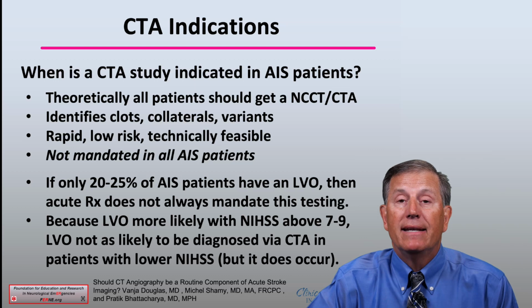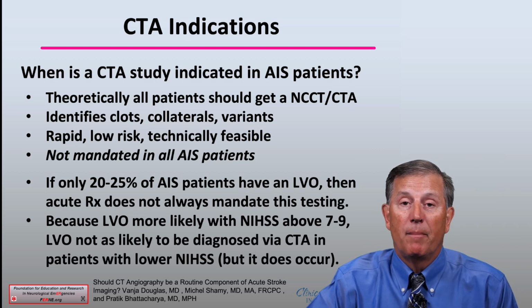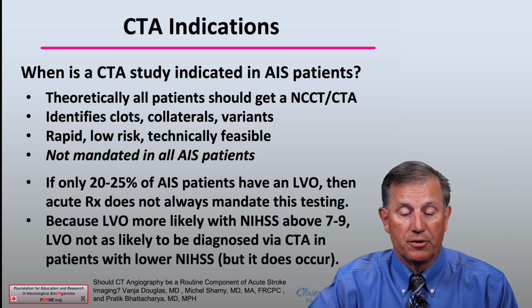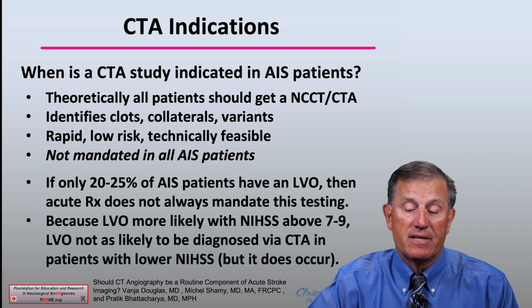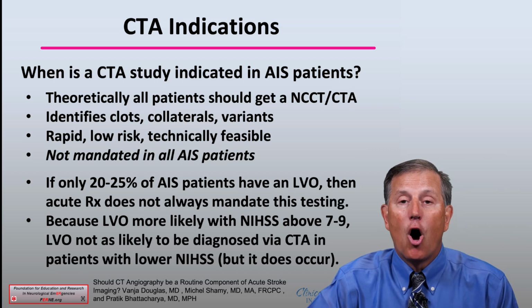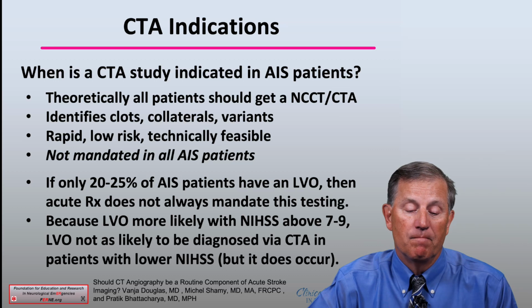However, it is not mandated in all patients, and we'll talk more about this at the end of our lecture today. If we assume that only about 20 to 25% of acute ischemic stroke patients have a large vessel occlusion, then the acute diagnostic paradigm and treatment approach does not always mandate this testing.